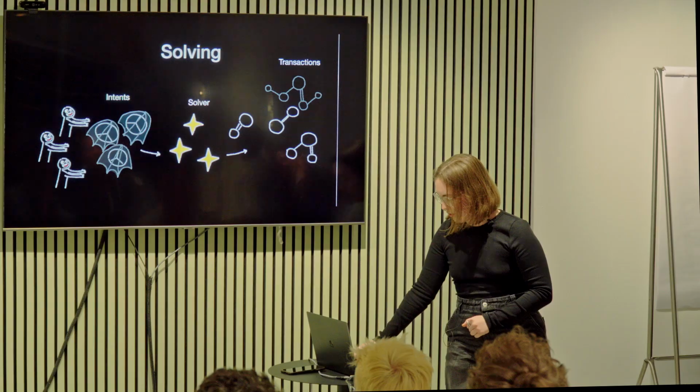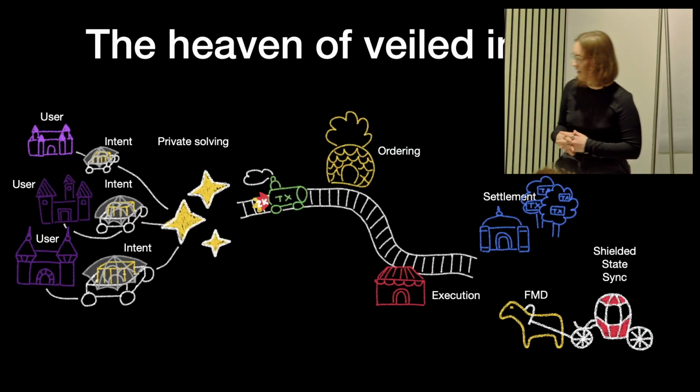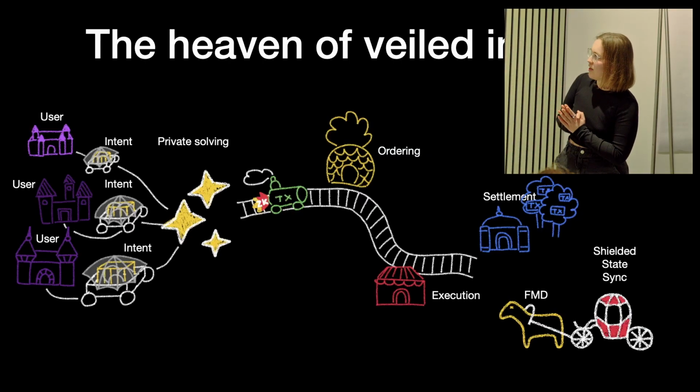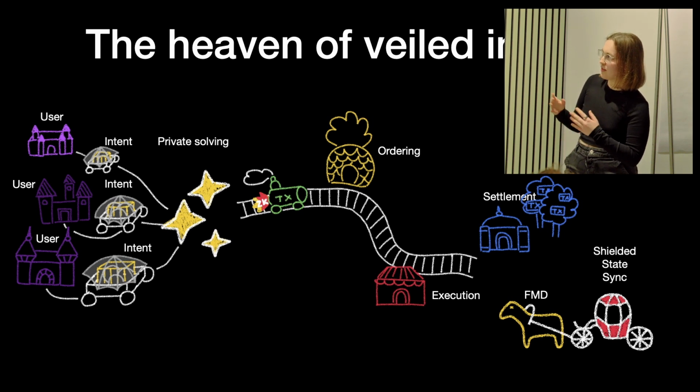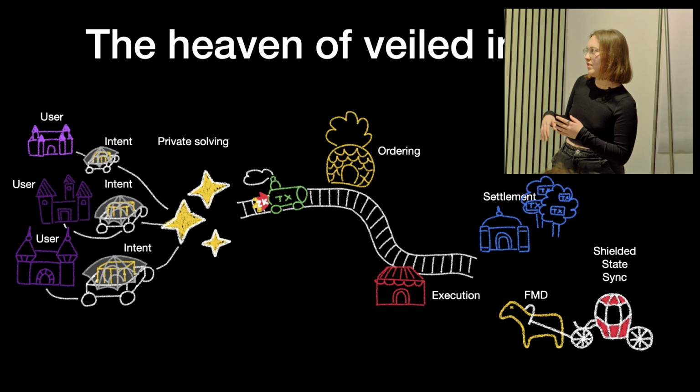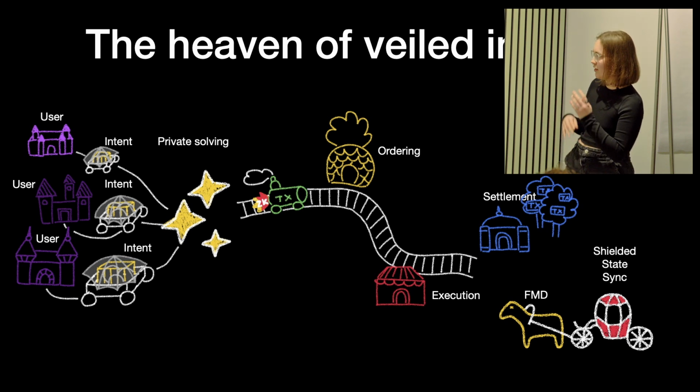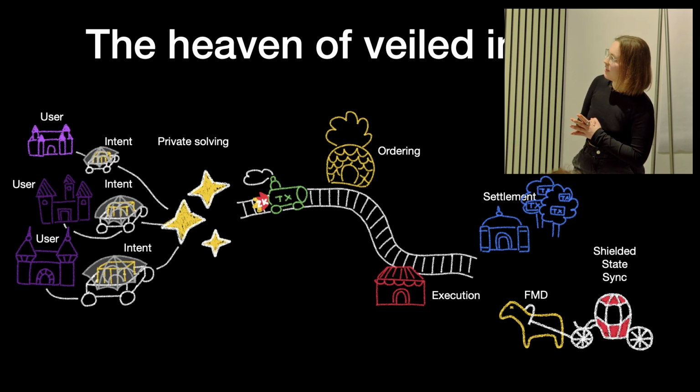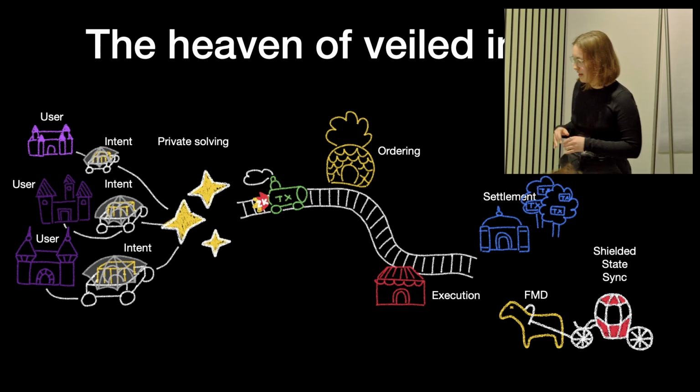Once we solve this problem, we get to the heaven of veiled intents, where the users submit intents that go through private solving, then produce transactions that are ZK powered. They go through ordering, execution, settlement, they get to the trees, and from there, shielded state sync allows the users to discover what they actually got as a result, because not everything in life is about intent.